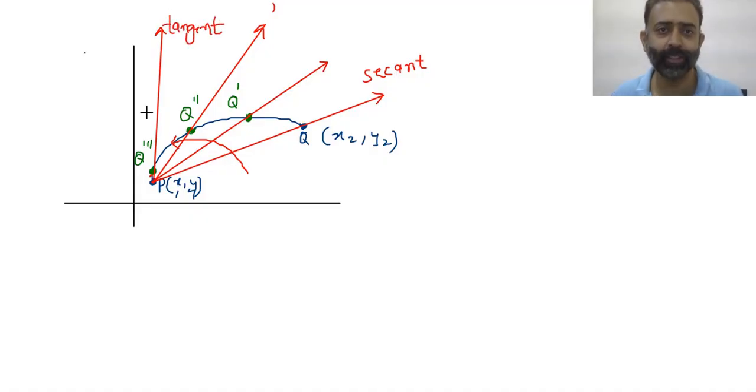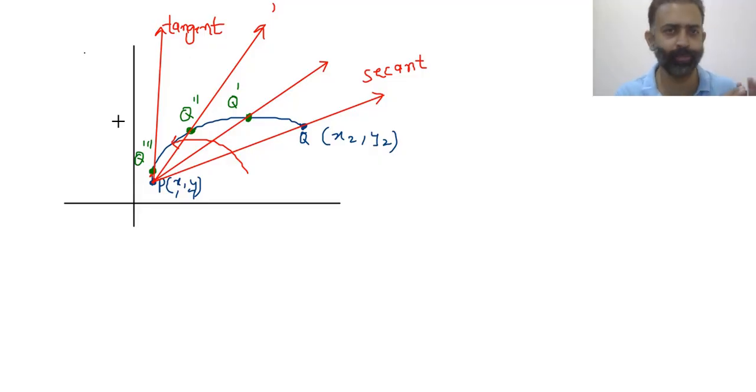It is just touching the curve at a single point. This gives the basic idea behind finding the gradient of the tangent, because please remember, we were interested in finding the gradient of the initial tangent line.